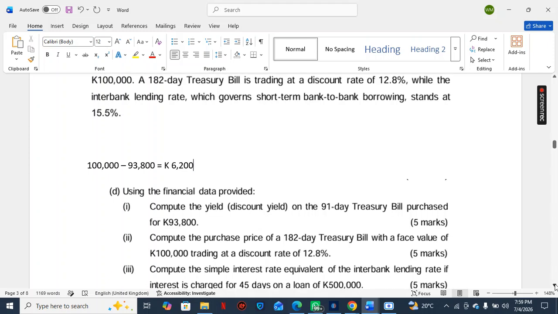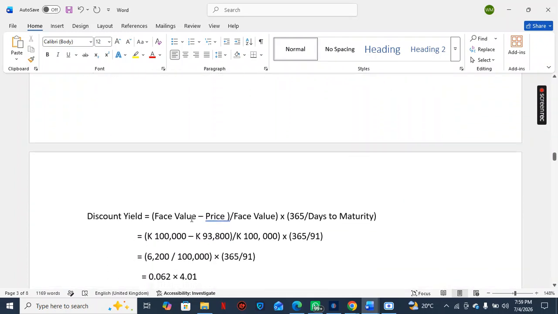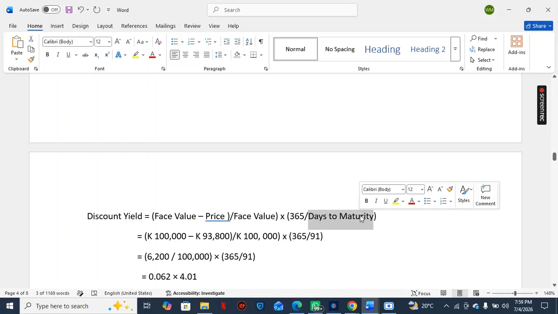So discount yield, this is the formula for it. The face value minus the price, basically the interest that you're going to earn, divided by the face value, multiplied by 365 days divided by days to maturity.